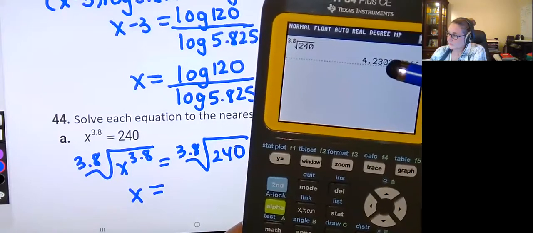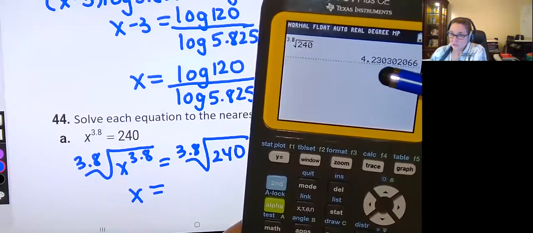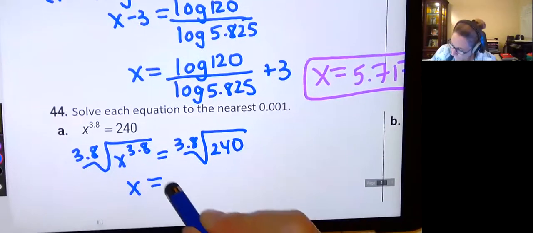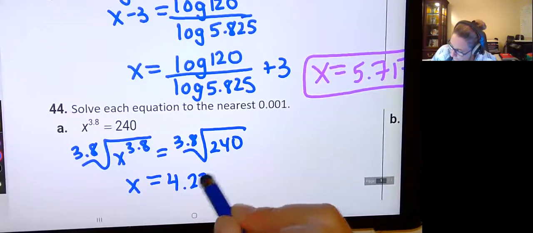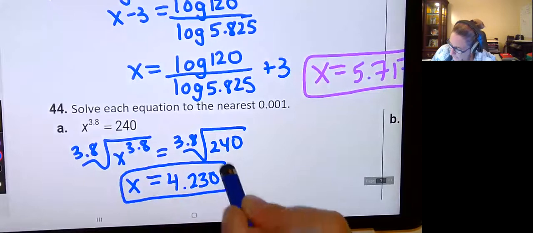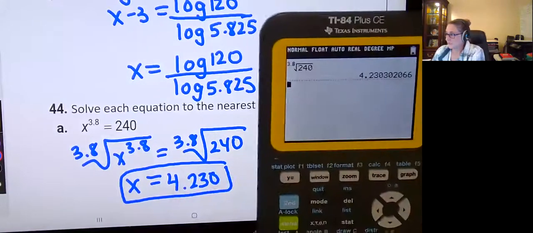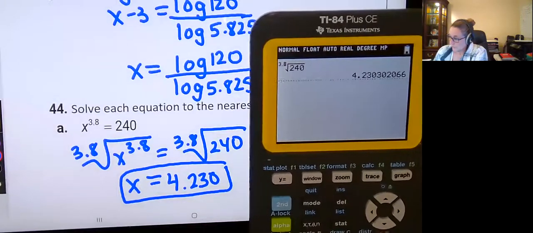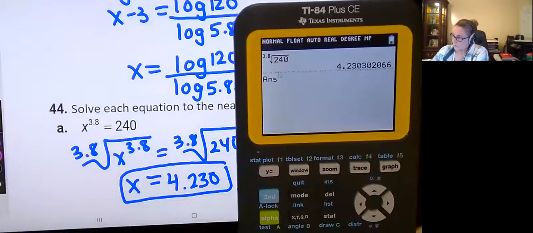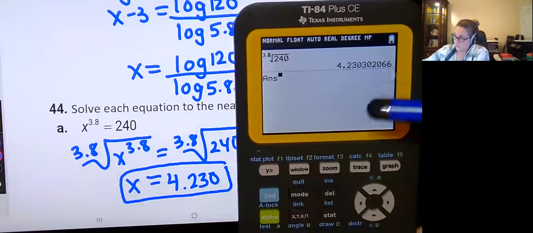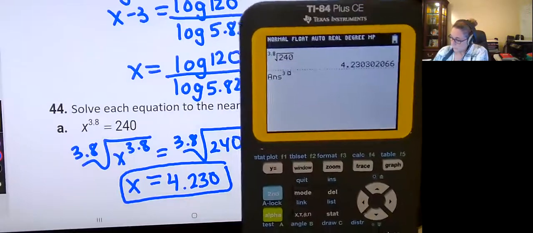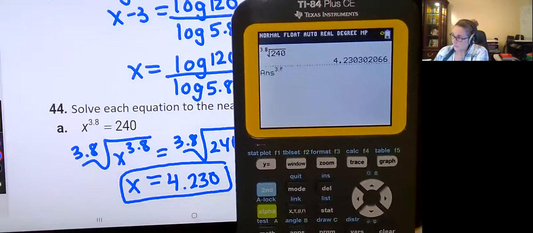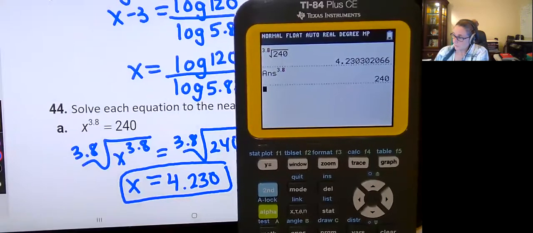This 3 is going to keep this as 0, so it's going to be 4.230. And I can always check this answer. If I just do raise to, it's going to take my answer, because it's already computed it, to the 3.8, and hopefully I should get 240, and I do.